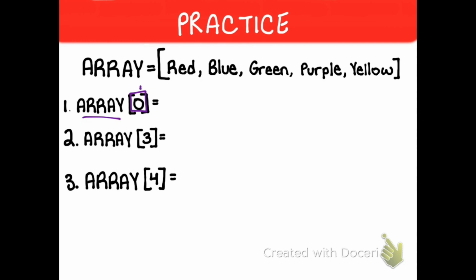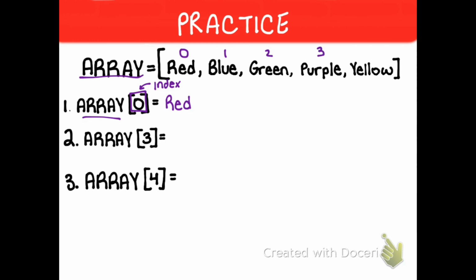So this represents the index. So in the array at index 0, the item is red. The second one, in the array, the item at index 3 is, we can go 0, 1, 2, 3.